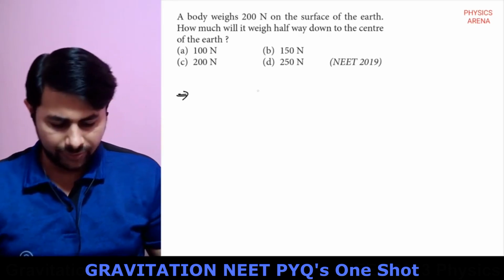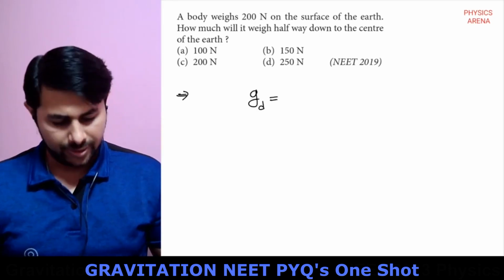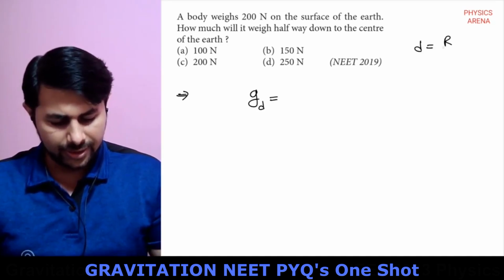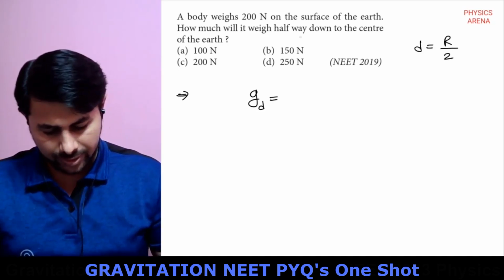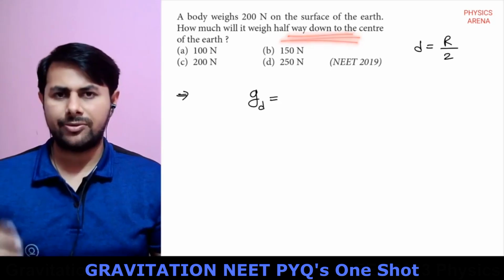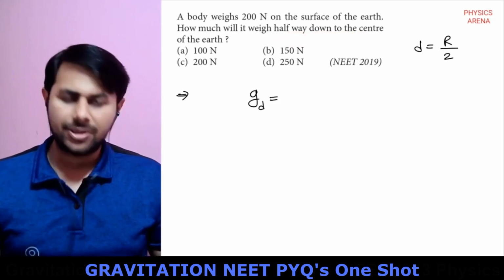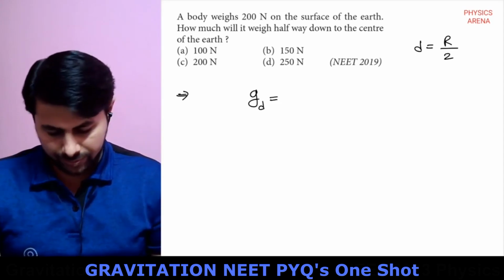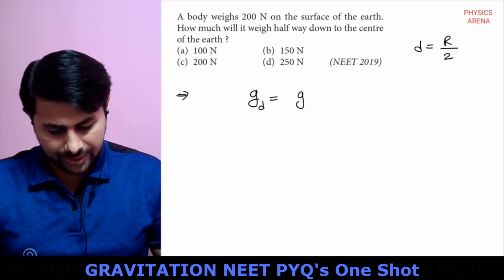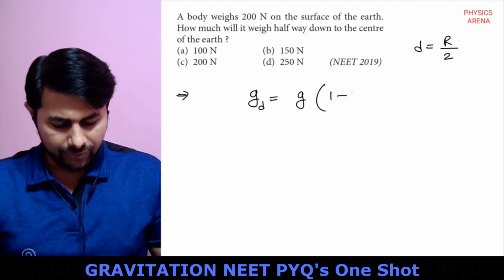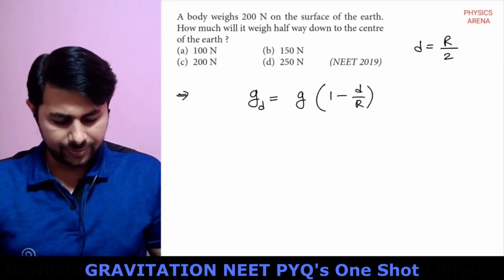So for that we need to find the acceleration due to gravity at depth d. And how much is d? It is r by 2, because they are asking how much will be its weight halfway down to the center of Earth. That means d is equal to r upon 2. So g_d is equal to g multiplied by 1 minus d by r.